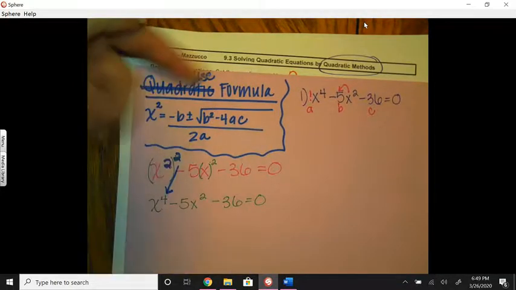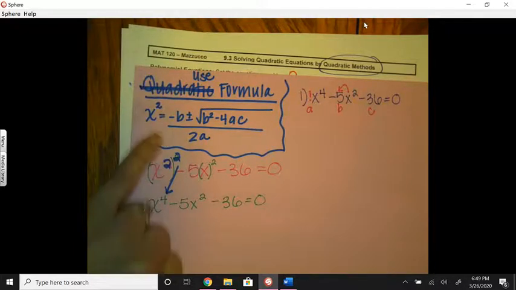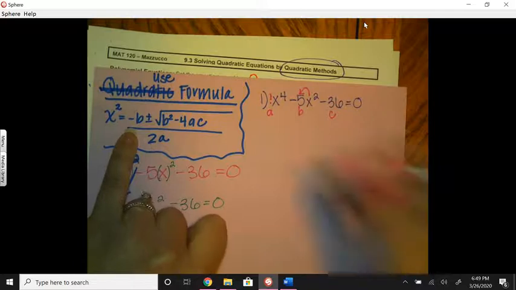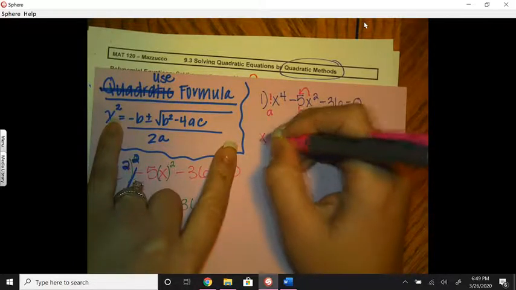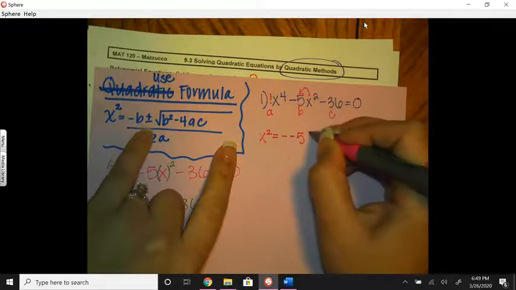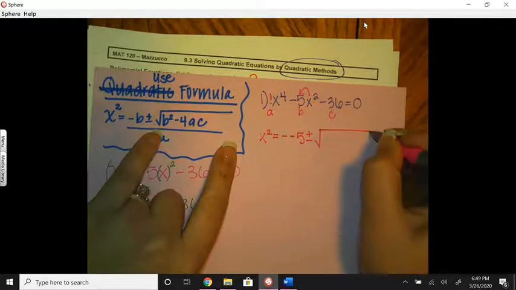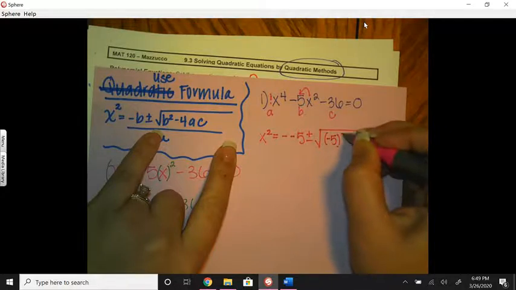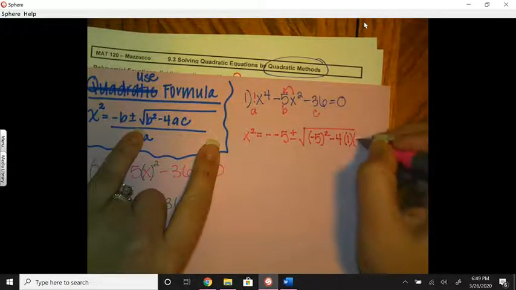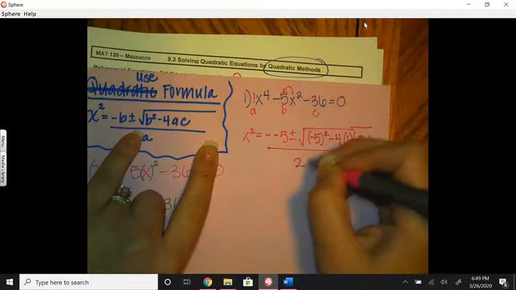So this is not called the quadratic formula, but we're going to use something very similar. It's x squared equals negative b plus or minus the square root of b squared minus 4ac, all divided by 2a.